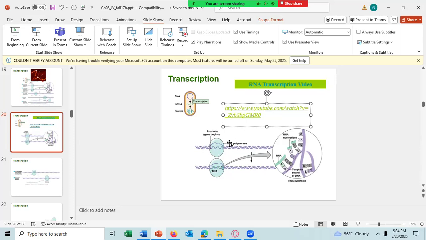So helicase opens up the DNA both for transcription and for DNA replication. So that's another enzyme which is important. And then the RNA polymerase is the other enzyme that's important for transcription. That's a little different than DNA replication, where we have a DNA polymerase that's involved in DNA replication.